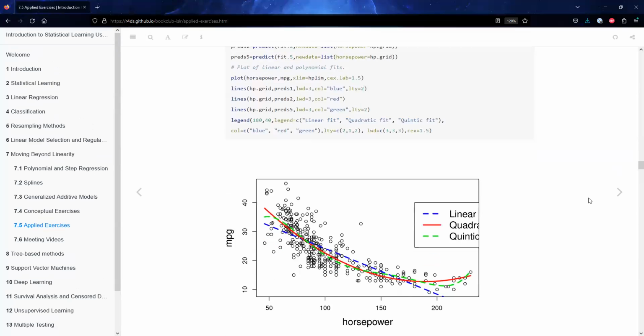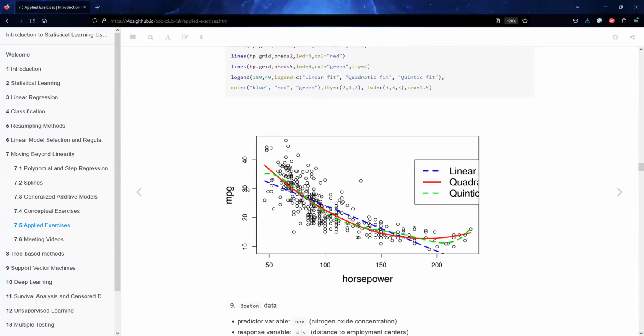Putting all those polynomials together on the miles per gallon versus horsepower plot, we have the linear regression in the blue dashed line, the quadratic regression, the degree 2, in the red curve, and the degree 5 polynomial in the bright green dashed line.